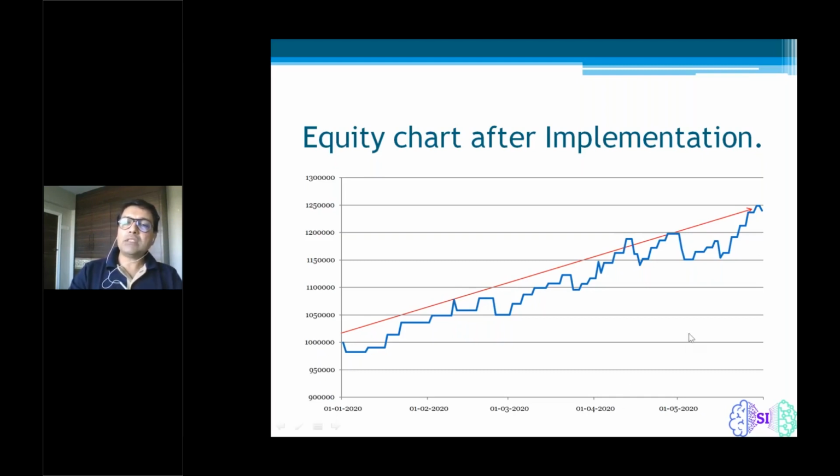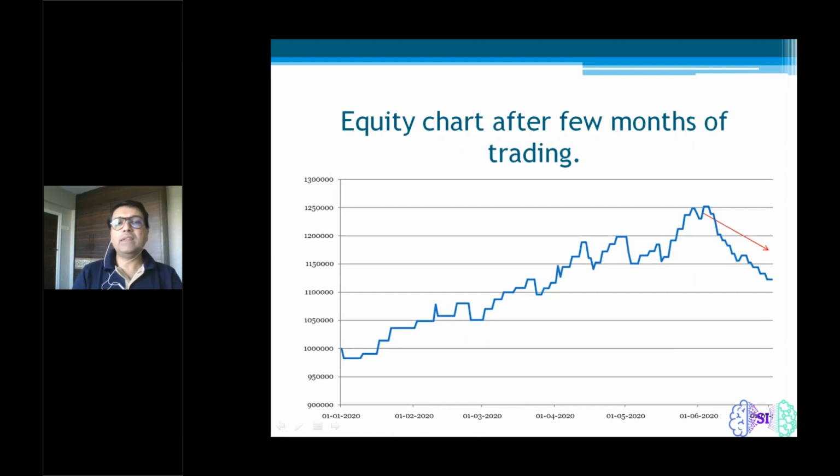So you have this kind of system, and after it has been performing for quite some time, you see that all of a sudden the system has stopped performing, it is bleeding, and you don't know where to stop.